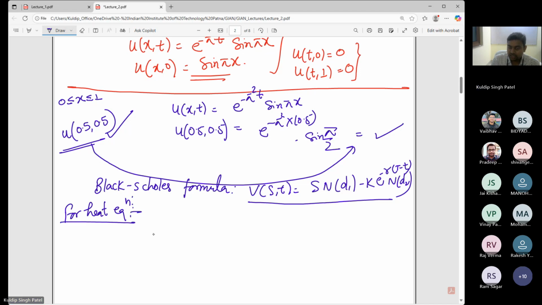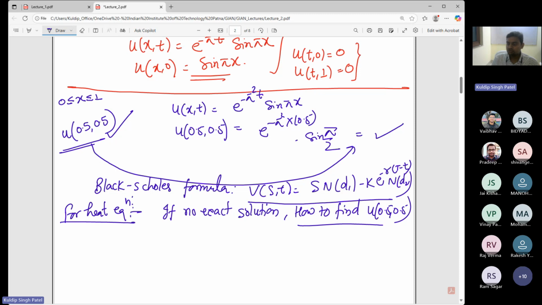Try to understand: if there is no exact solution, how do we find u at 0.5 comma 0.5? Is the question clear? That means you have to solve numerically. But how to find it at 0.5 comma 0.5, or any point like 0.4 comma 0.3, 0.2 comma 0.1, whatever?